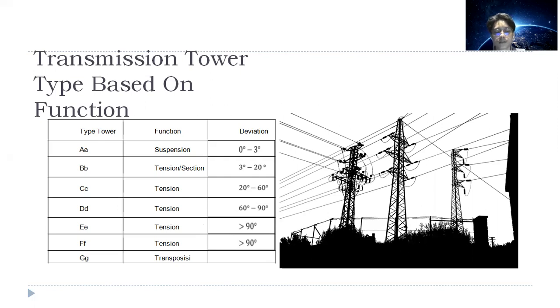The fourth type is type GG, which functions as a transposition tower.